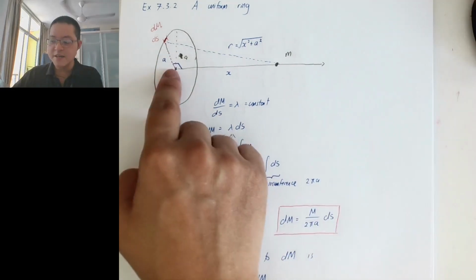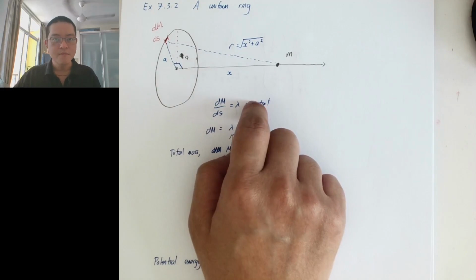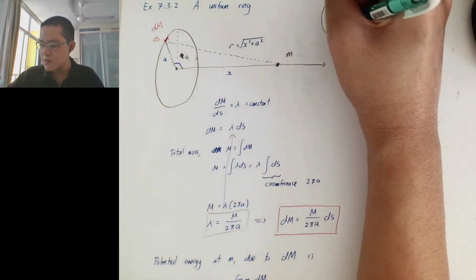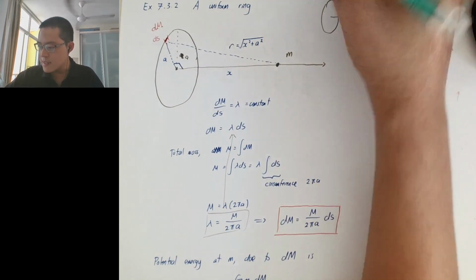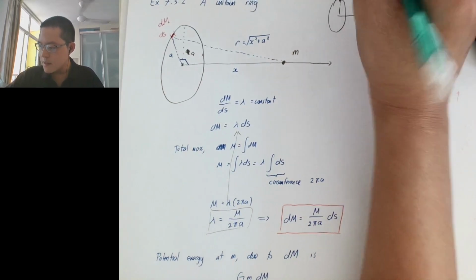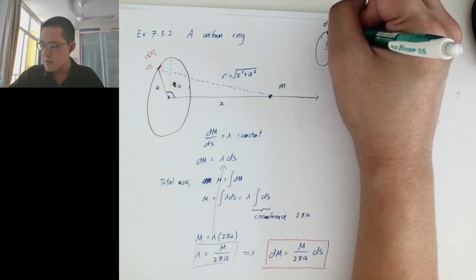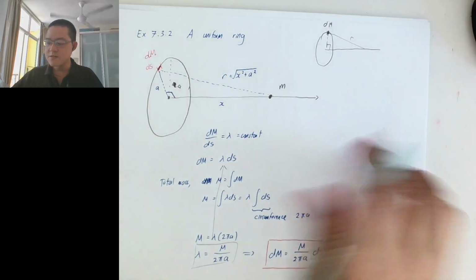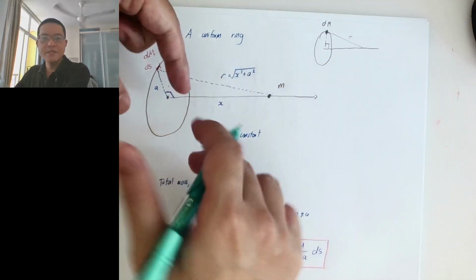Because this is a right angle triangle, right? It's a three-dimensional picture. Okay, so to make it easier to imagine, let's look at this dm, and then the distance here. So this is a right angle triangle. I'm just turning this picture up, then you get this.